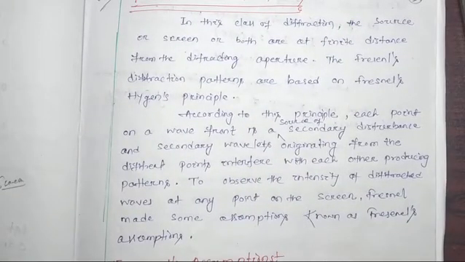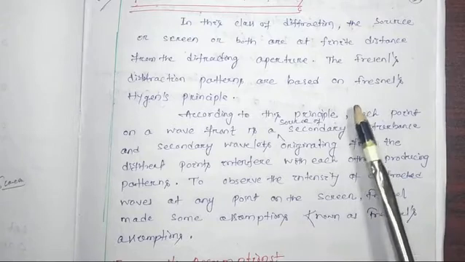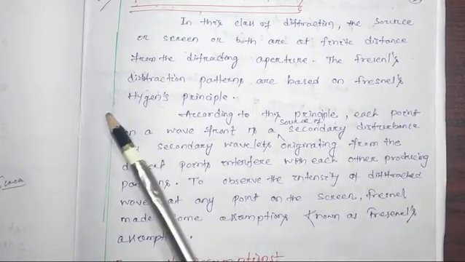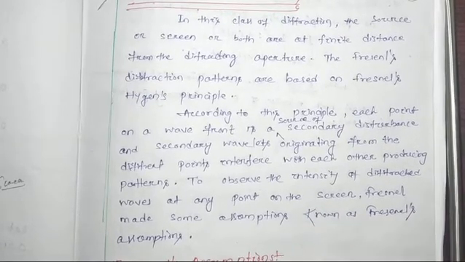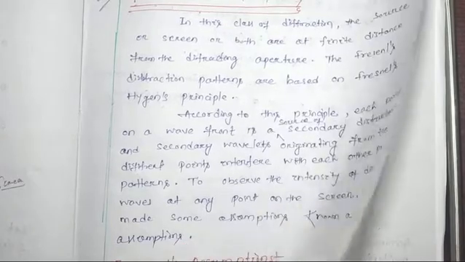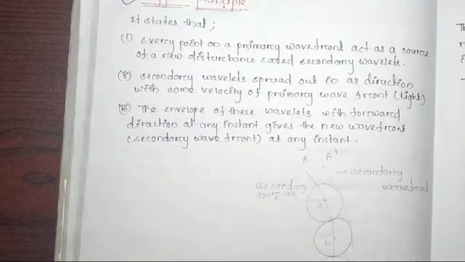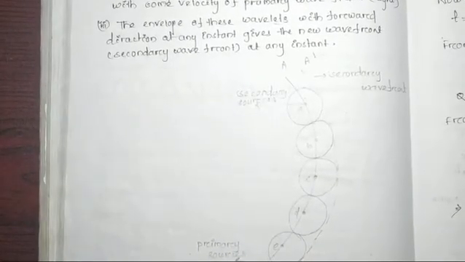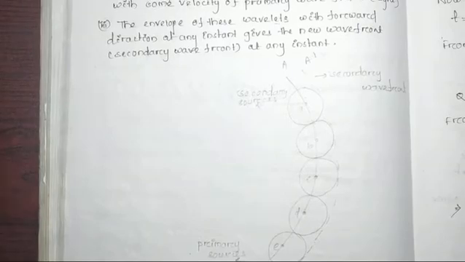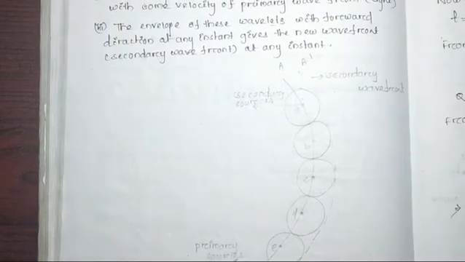Now again, the Fresnel diffraction patterns are based on Huygens' principle. So first we have to recap Huygens' principle. You may remember one thing, that in case of Huygens' principle, from the primary wavefront we can get other secondary wavefronts.